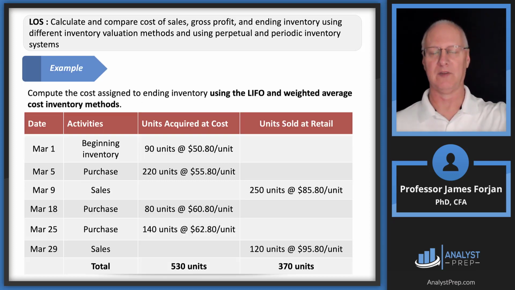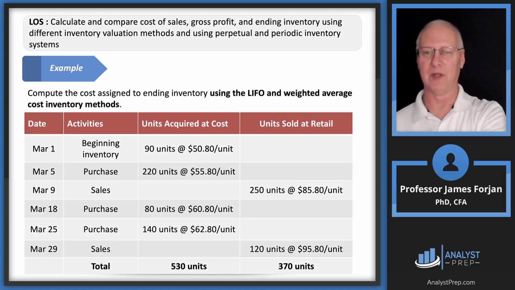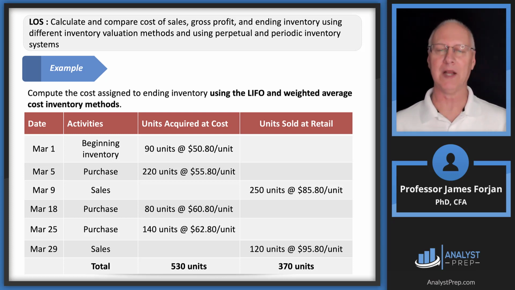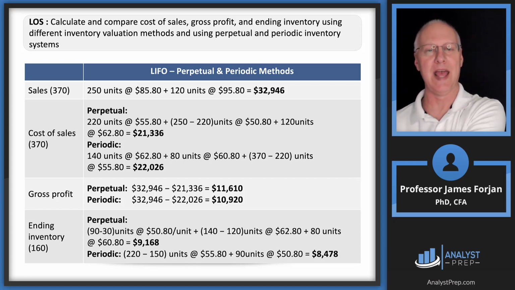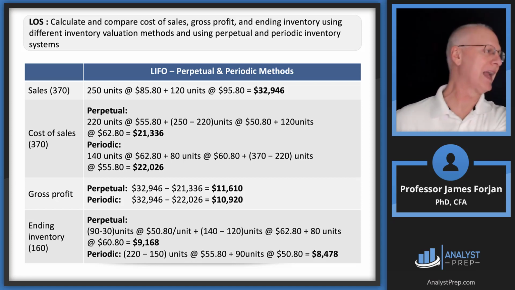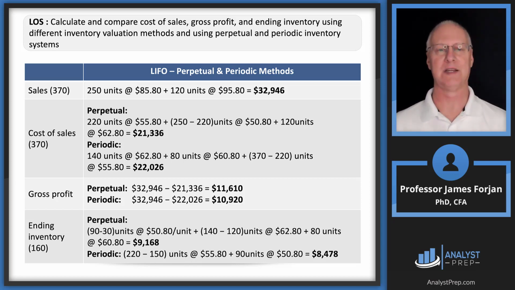Notice that we had some beginning, then we did a purchase, then we sold, then we did a purchase, then we did a purchase, then we sold. So under the perpetual method, we're going to be sensitive to those sales and purchases. Under the periodic method, we're going to skip to the end, and then look back and say, what did we do over that time period?